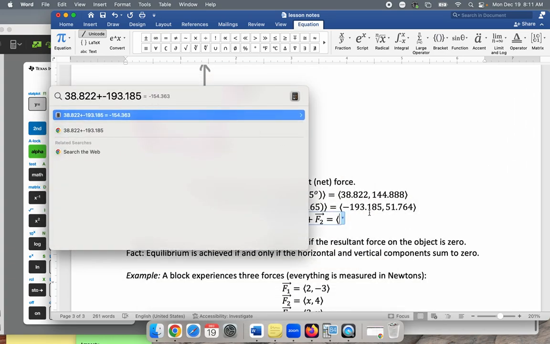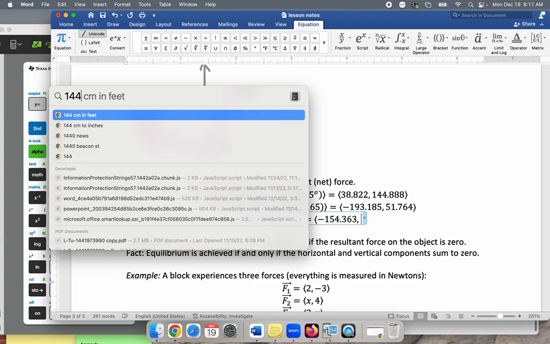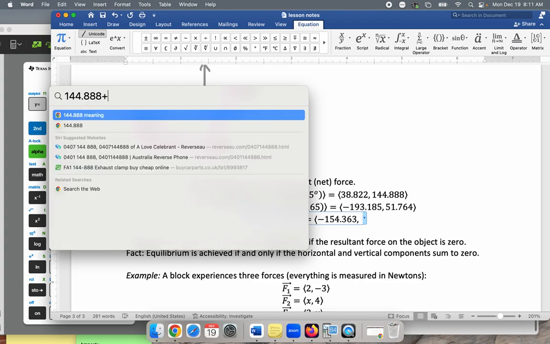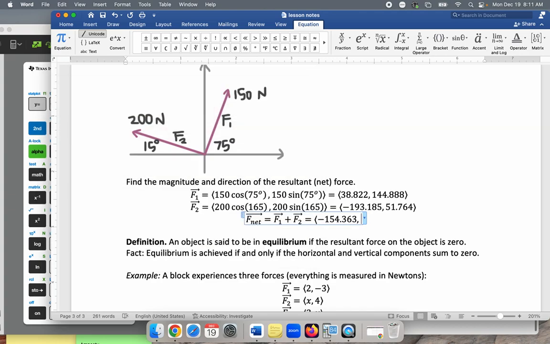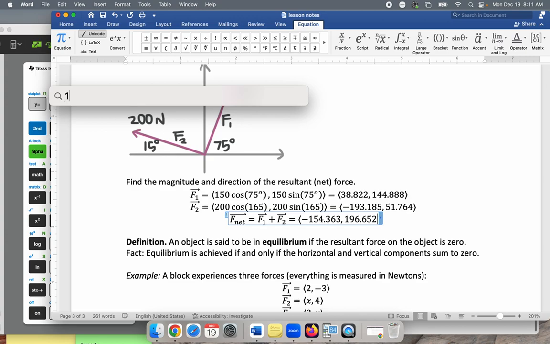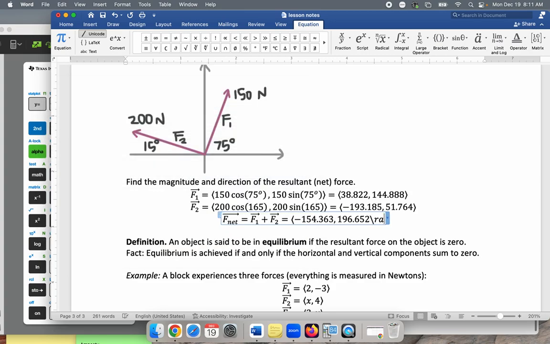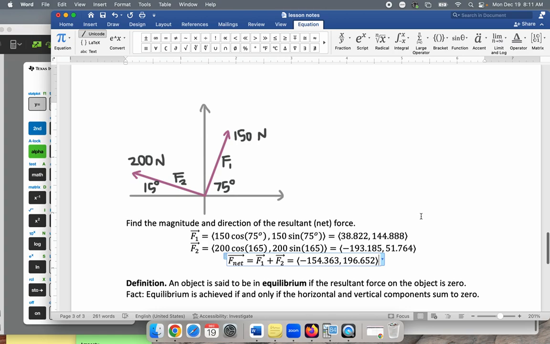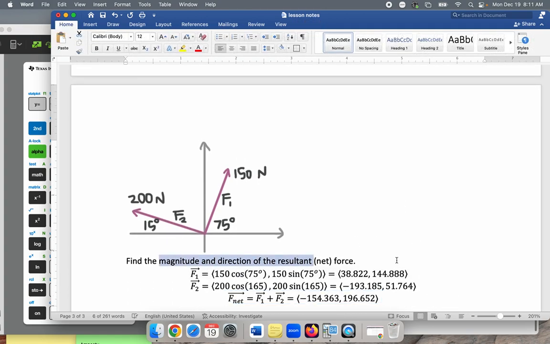That's negative 154.363. And then the vertical component is 144.888 plus 51.764, 196.652. Did I do that right? Yeah. Great.